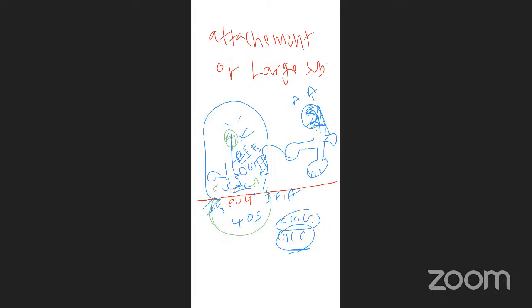For transport of the second tRNA with amino acid to the A site, elongation factor 1 and ATP energy are involved. Now it reaches the amino acid site.